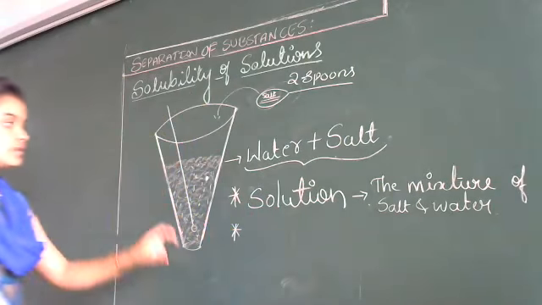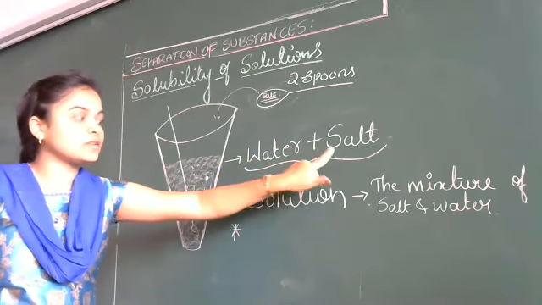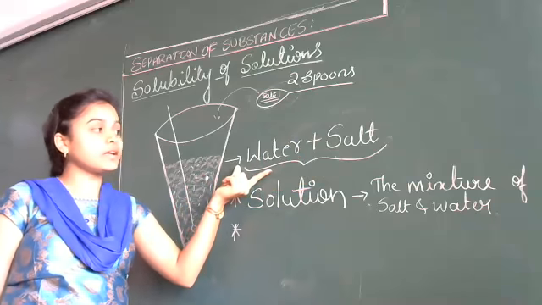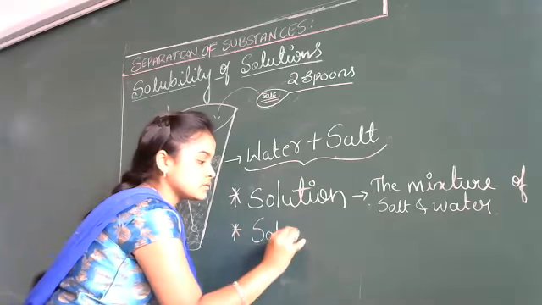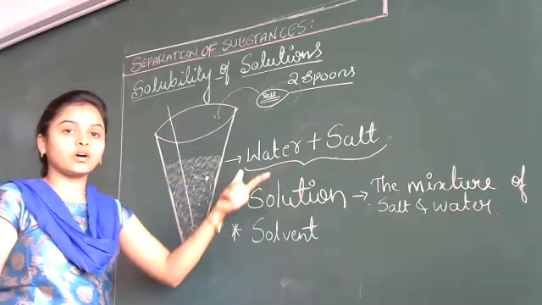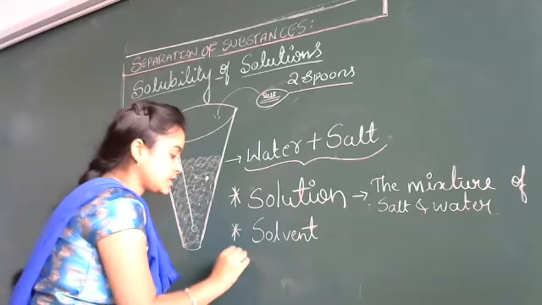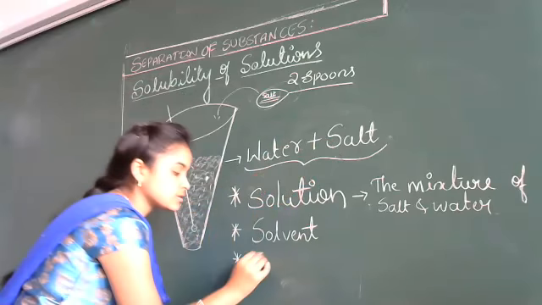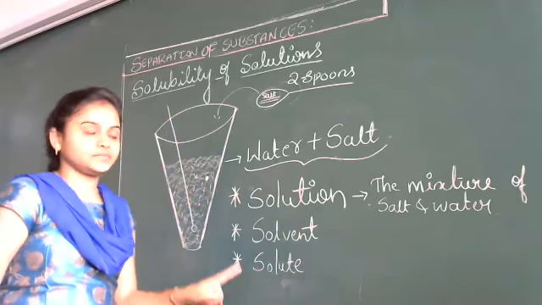Next one, here you are observing again two terms, water and salt. Water is in more quantity here, right? So here water is called solvent. What is water called? Solvent. Next word is the remaining one, salt. Here salt is called solute.